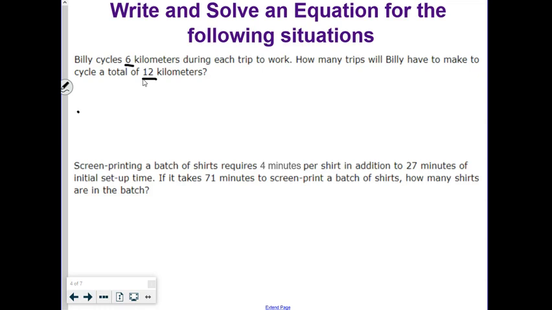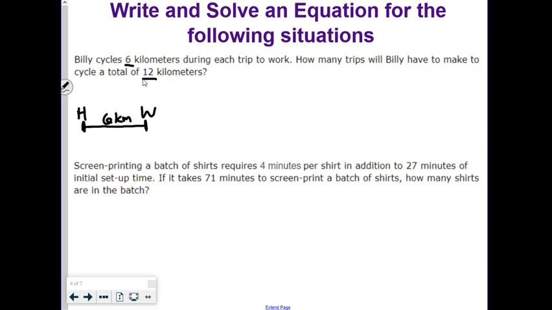So if you want to draw a picture to make sense of it, though, he's got home, he's got work, whatever path he's taking. Let's just assume it's a straight path, I suppose. It's a 6 kilometer distance. Okay. So every trip he goes is 6. If it was a bigger number than 12, we might have to think about it a little more.